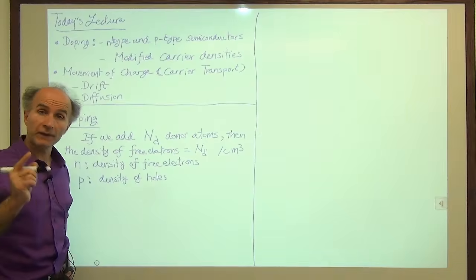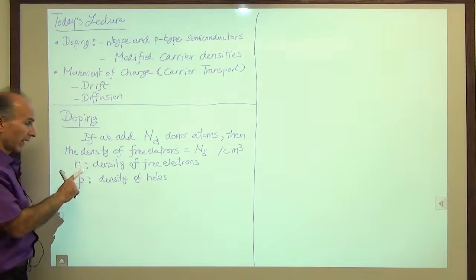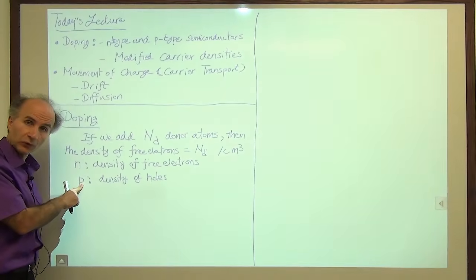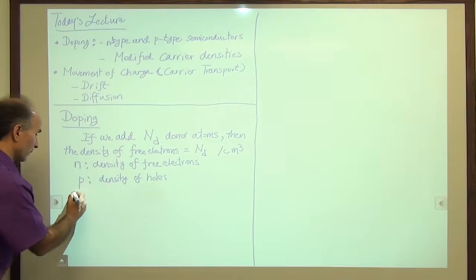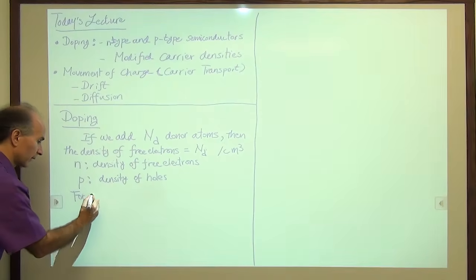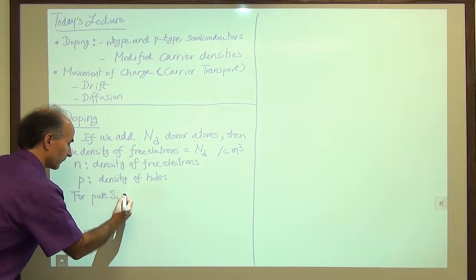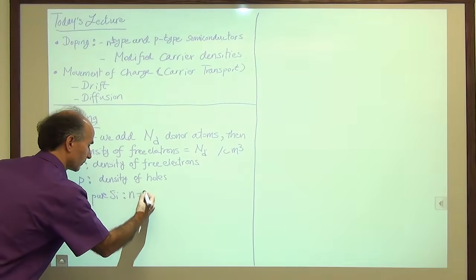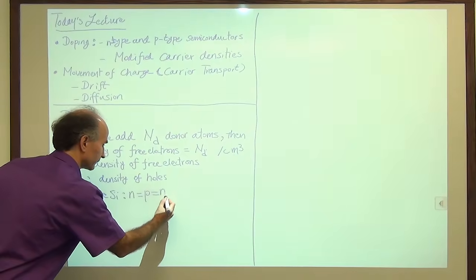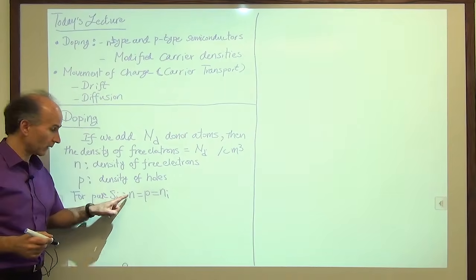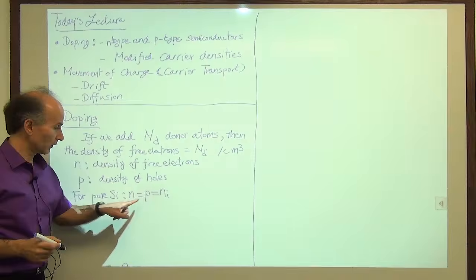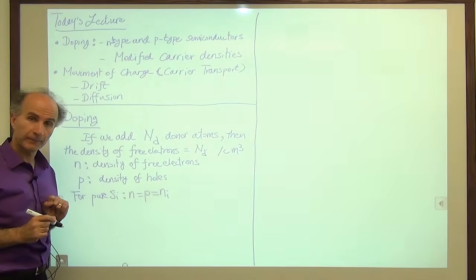Now, of course, for pure silicon, these were equal and equal to Ni, as we saw before. So for intrinsic silicon, or pure silicon, we have n is equal to p is equal to Ni. For every electron that was released, we had a hole, so these two are equal and equal to Ni.